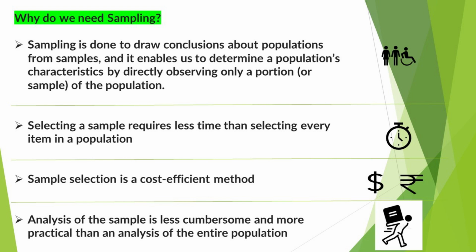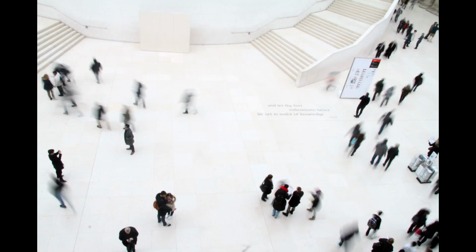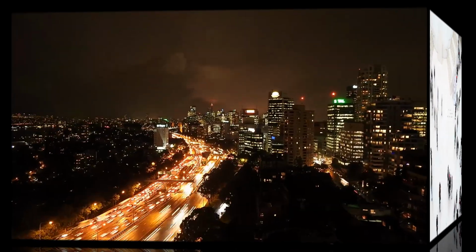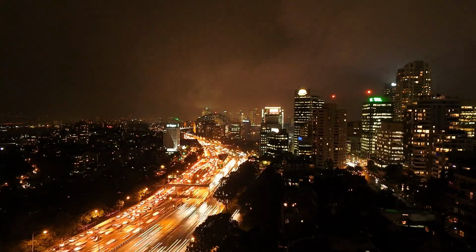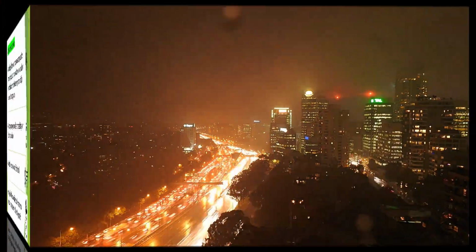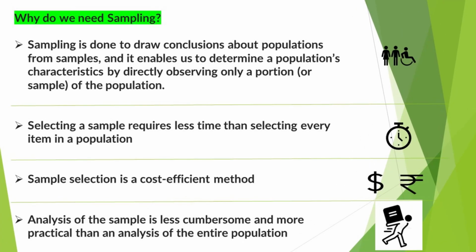It is quite impractical and cumbersome to calculate the happiness of the whole country by getting reviews or surveys from each and every person of that country. So in that case, sampling is done on the country's population, and based on that, the happiness rate of that particular country is concluded. That's one example.